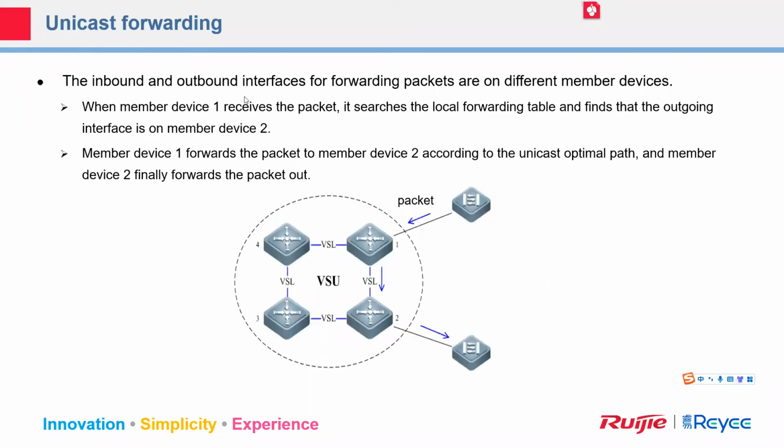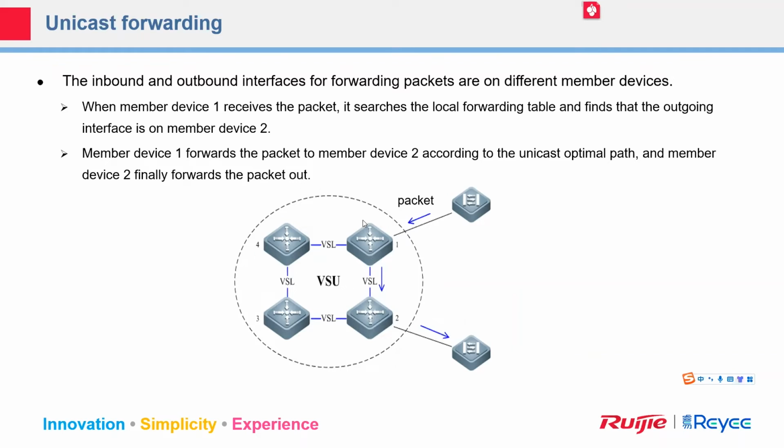And in unicast forwarding, the in interface and out interface are on different member devices. For example, I receive packets from the other switch. When I search the entries, I find the best out interface should be on device 2. So I will forward the traffic to device 2 and finally forward the traffic out.